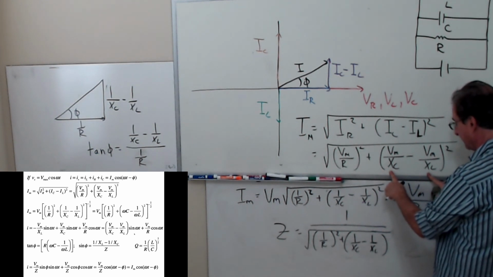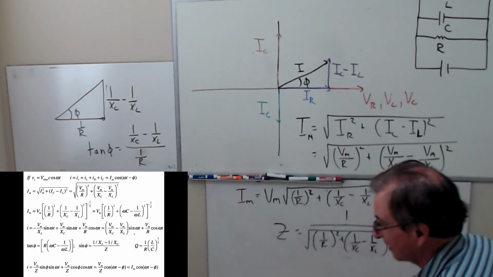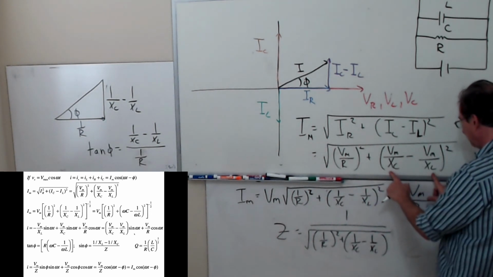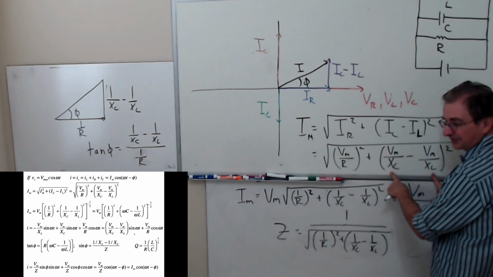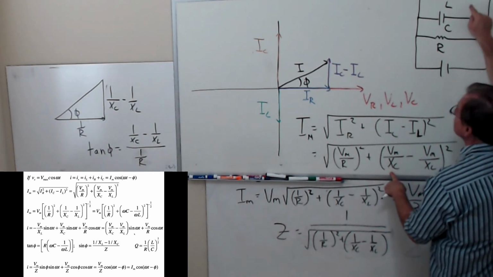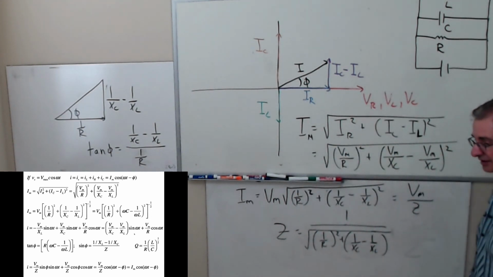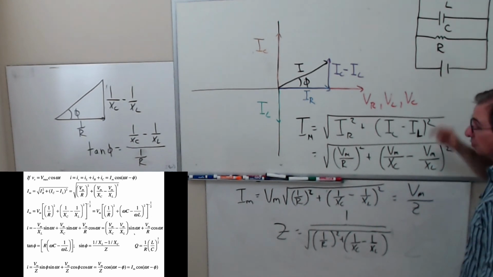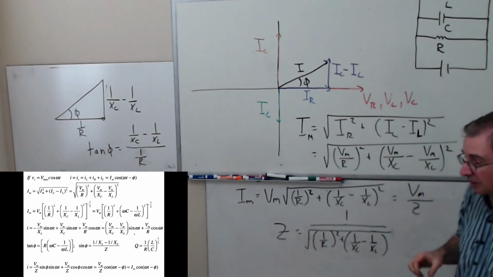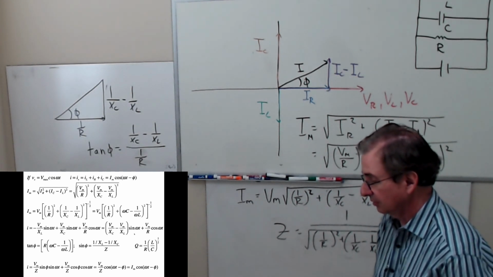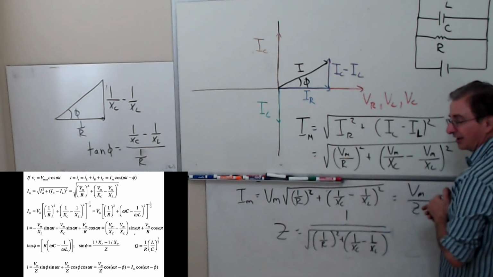It's just the battery's just shorted, right? There's no current. When these are equal to each other, there's no current, even though there's current going through each one of these two, because these two are 180 degrees out of phase. If there's no resistor here, there's no current coming from the power supply. The total current is zero. Oh, because that second term would be 0 and the first term would be undefined, because R would be 0. Isn't that interesting?